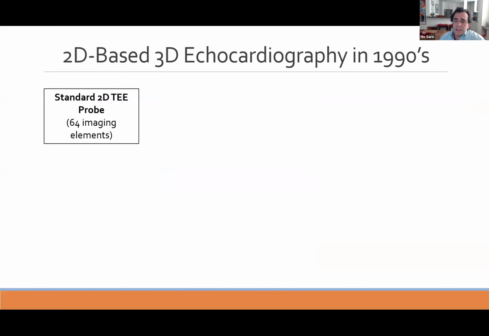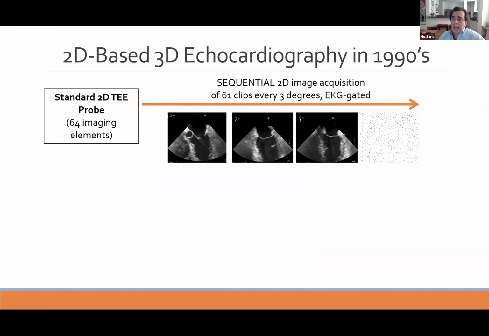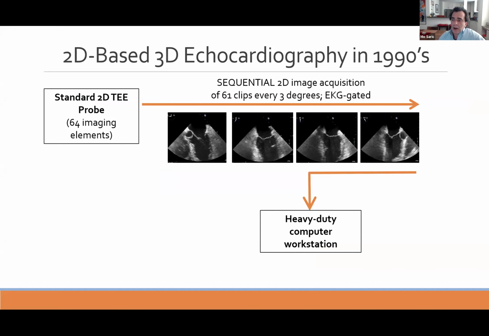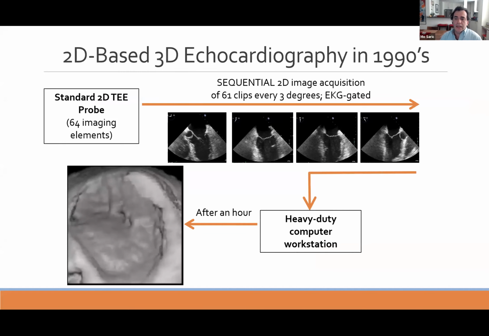Just as a reminder, a standard TEE probe has about 64 to 128 imaging elements. With the appropriate software, you can acquire sequential 2D imaging, acquiring clips every 3 degrees, EKG gated. You can then use a powerful computer to extract these images, and after an hour or a couple of hours, you will get the images that we got in the 1990s.